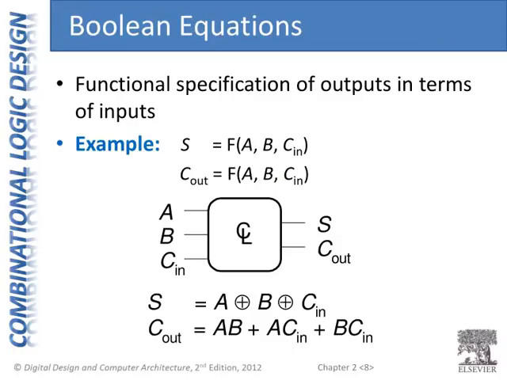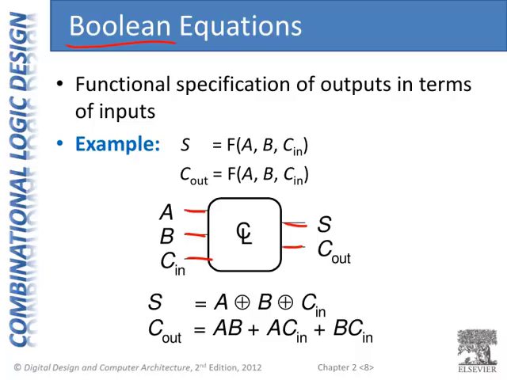So we can specify the function of these combinational circuits by writing the function in the form of an equation, and specifically in the form of a Boolean equation. So this circuit, this CL in the middle, means it's a combinational logic circuit. And this circuit happens to have inputs A, B, and C in, and 2 outputs, S and C out.